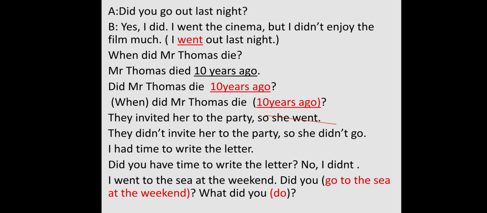We don't have a past participle after had here. It is not in the past perfect. It is in the past simple because we have a noun after had. So had here is the past form of have.